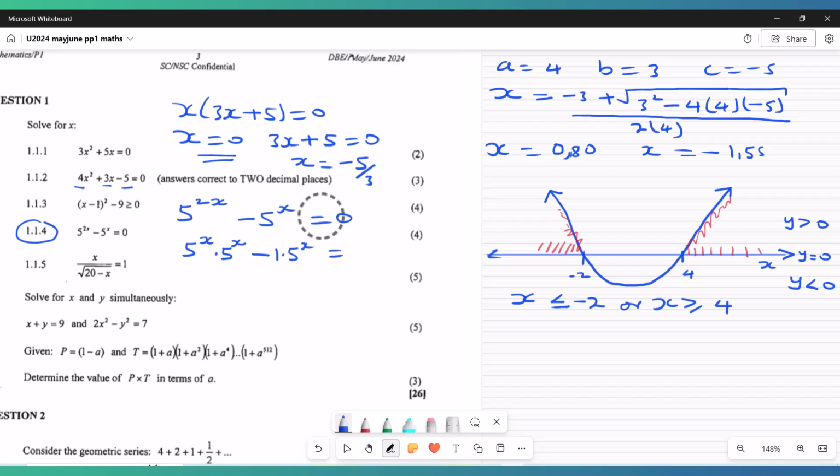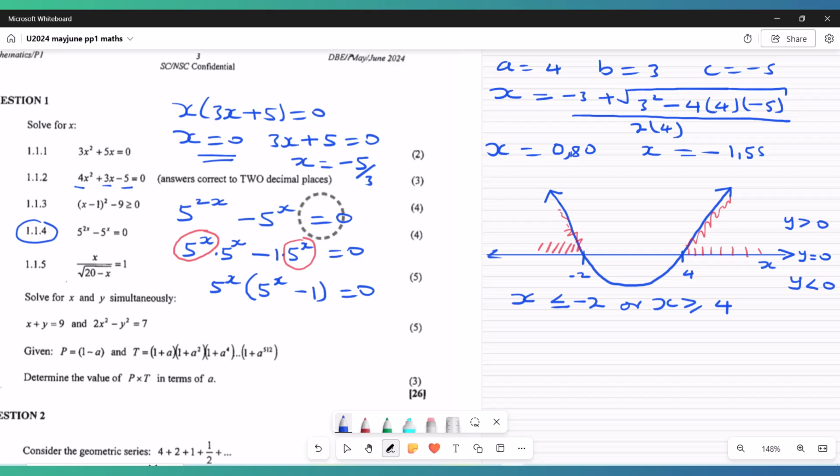Then minus 1 times 5 to the power x equals 0. If you check here properly, you can see that 5 to the power x is a common factor, which means you can take it outside the brackets. So when you do so, you have 5 to the power x, open brackets, 5 to the power x minus 1, equals 0.